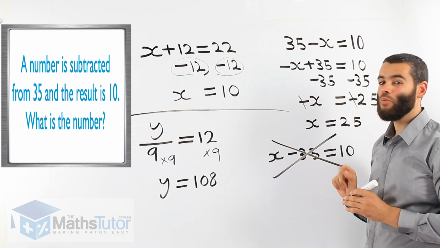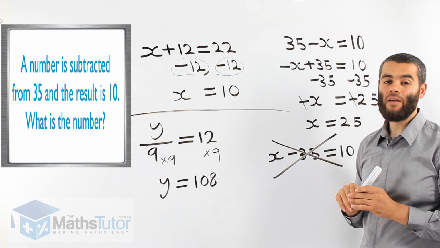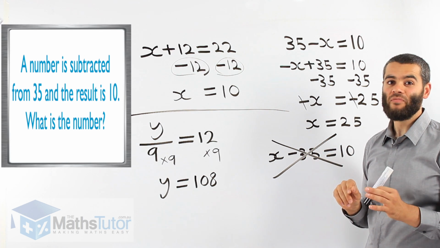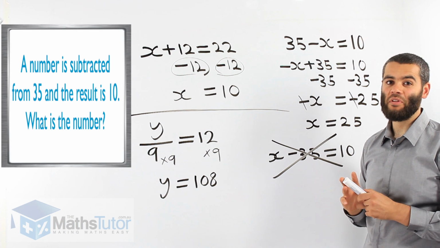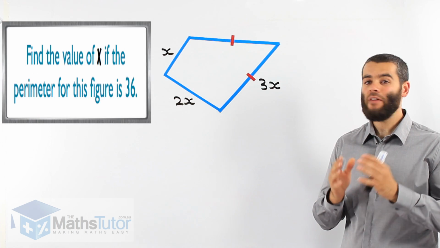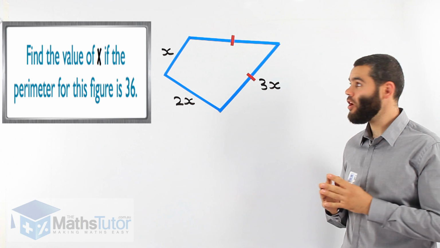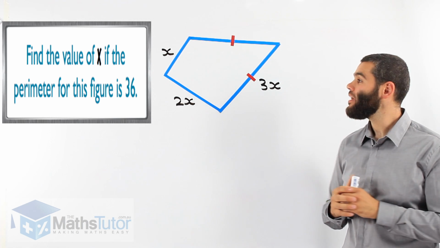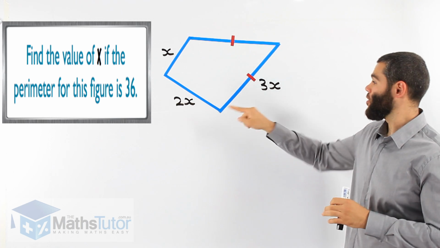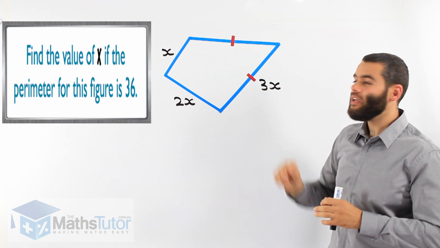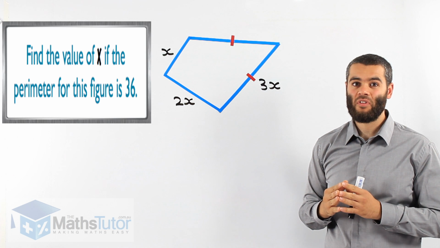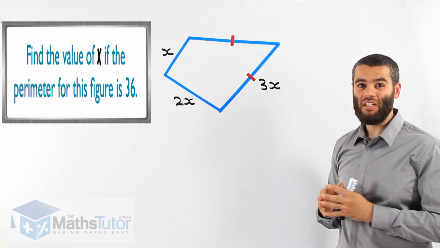Now, I'm going to do one example where we have a diagram, and from the diagram, we're going to create an equation and solve for the missing number. We have this shape, and we are told that perimeter of this shape is 36. So the perimeter, the boundary of this shape, the total is 36. We would like to know what x is.